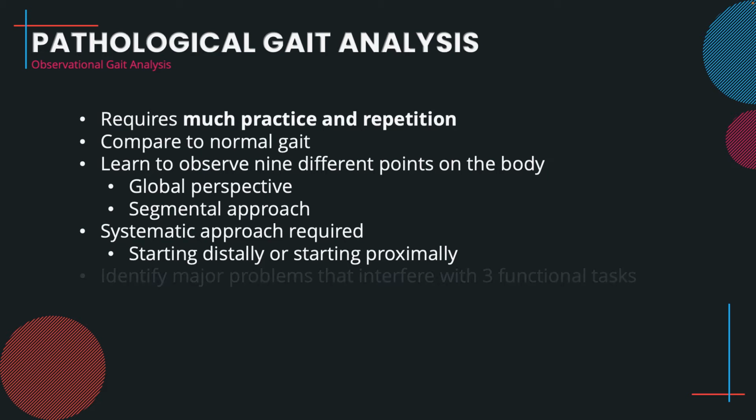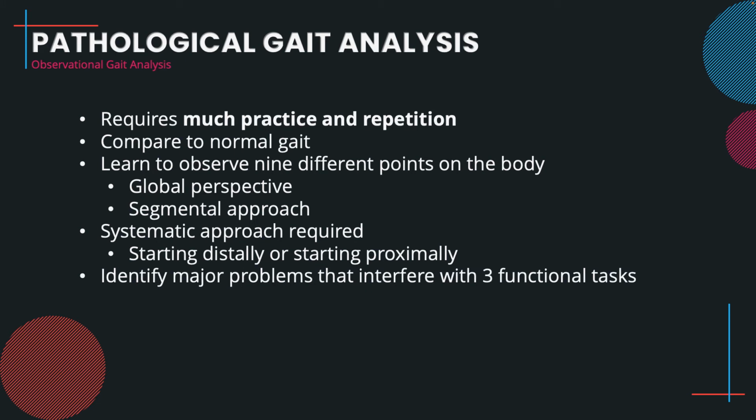As long as you're able to identify major problems that interfere with the 3 functional phases of gait, so your weight acceptance, your single limb support, and your swing limb advancement, then it doesn't really matter what approach you use to analyze pathological gait. But again, just make sure that it is complete and that it's systematic.